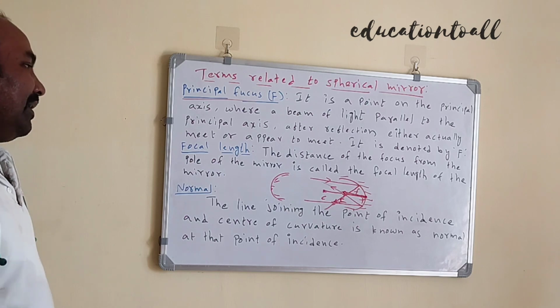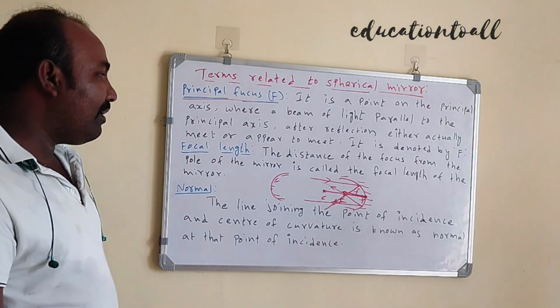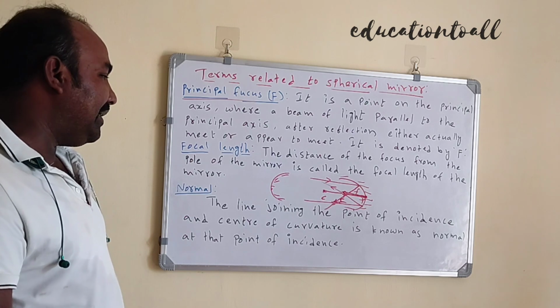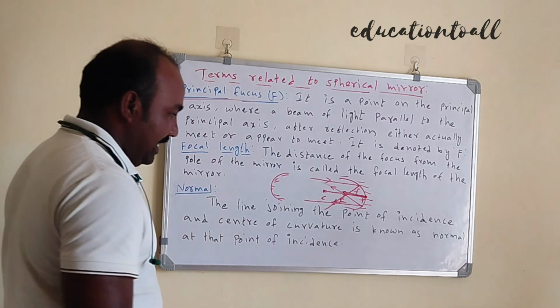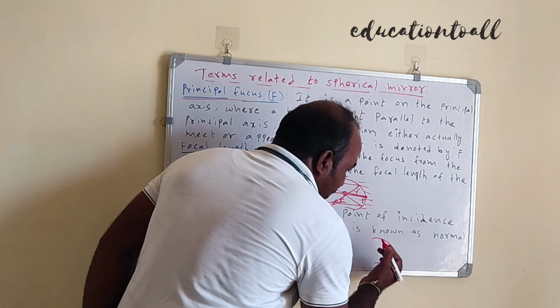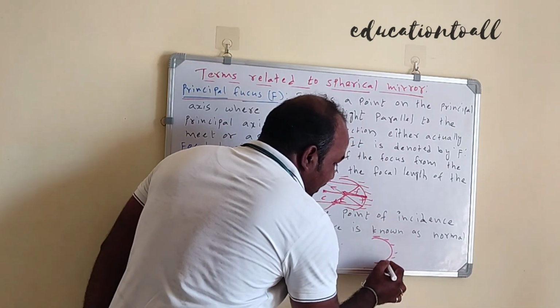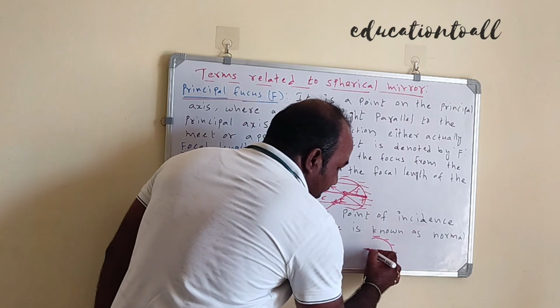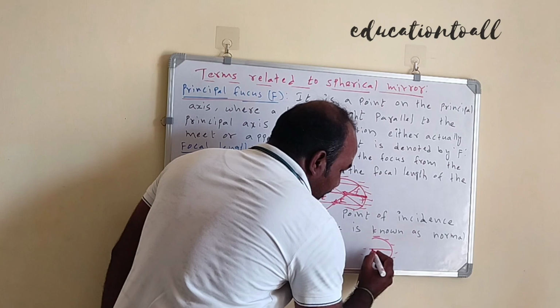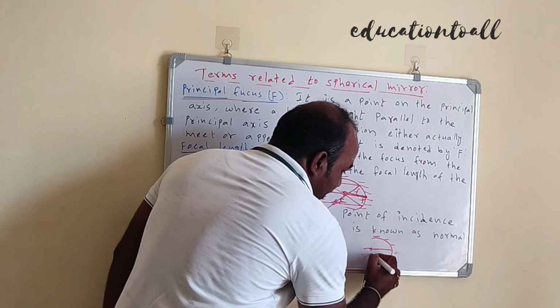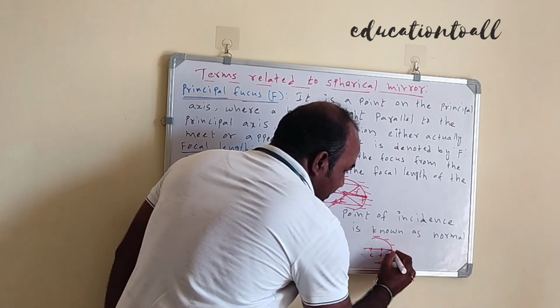Next, normal. The line joining the point of incidence and the center of curvature is known as the normal at that point of incidence. Take one concave mirror. This is the concave mirror, this is the center, this is the focus, this is the pole.